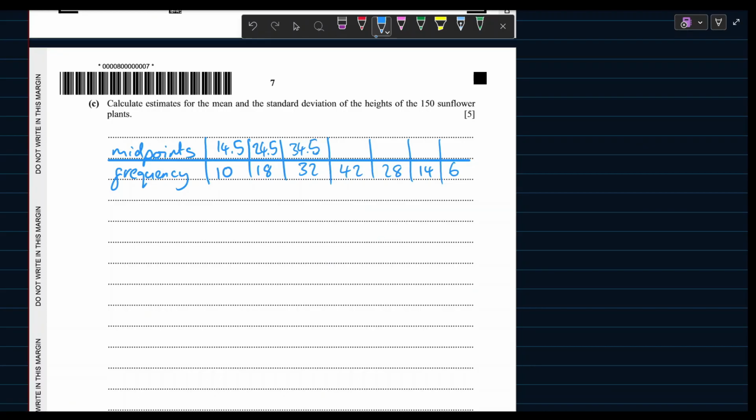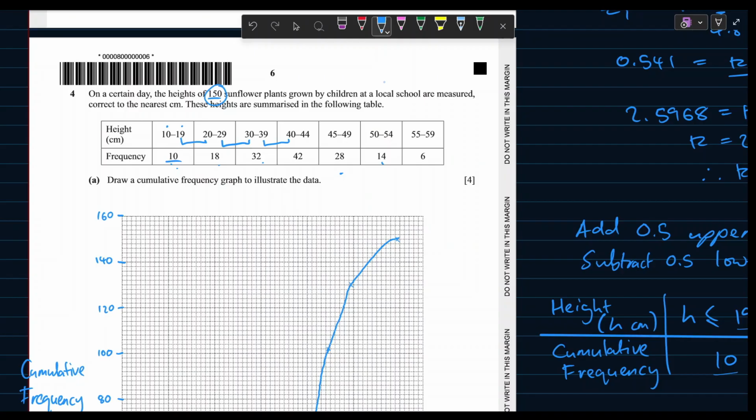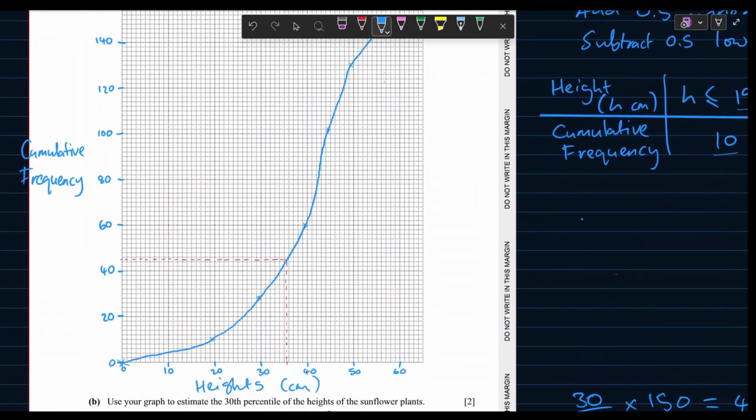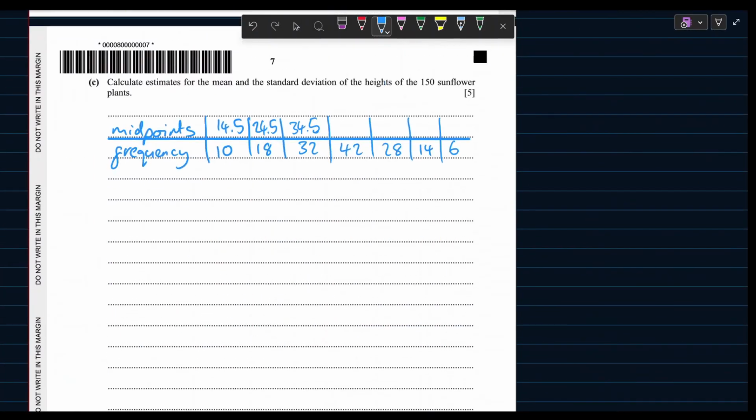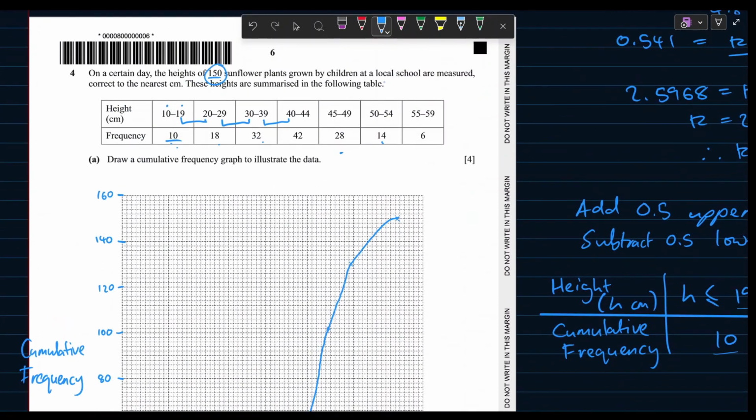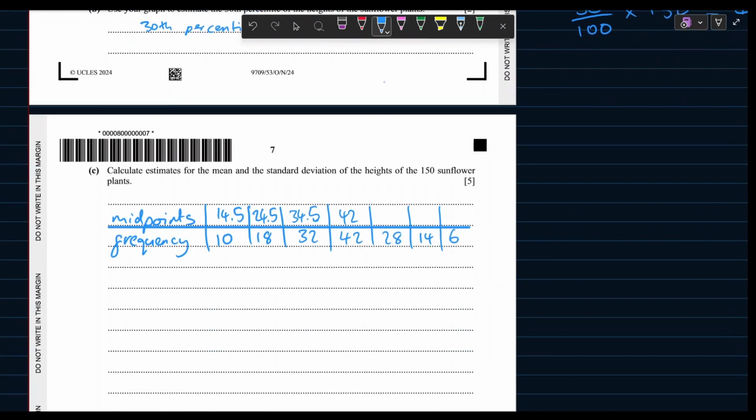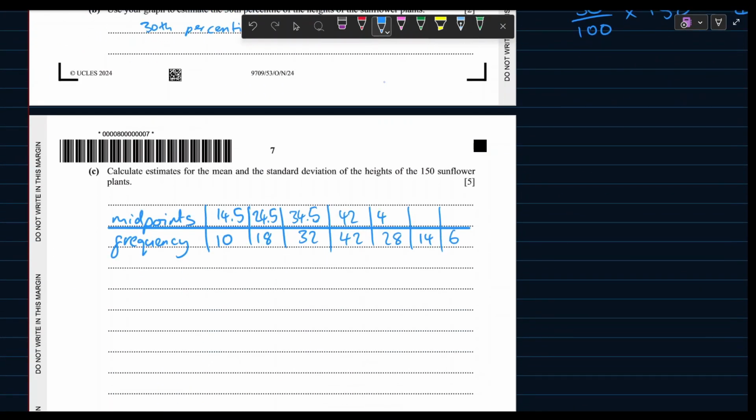34.5. Okay. Then the next class is going to be 40 plus 44 over 2, which is 42. And then for the next class, it's going to be 45 plus 49 over 2, which is 47.